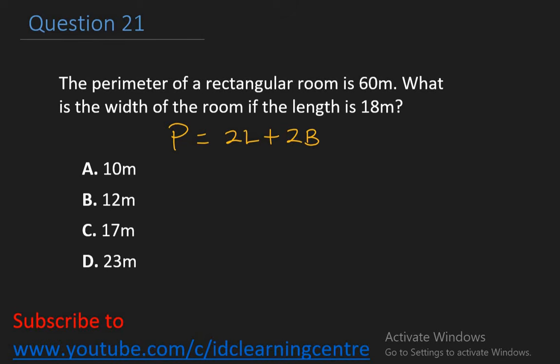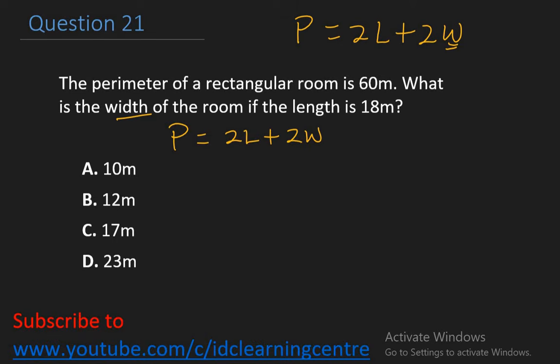Now, what are we looking for? The breadth, which is the same thing as the width. Since width is given, we can use this formula 2L plus 2 width. Just know that the width and the breadth are the same thing. But let me just replace this with the width so you don't get confused.